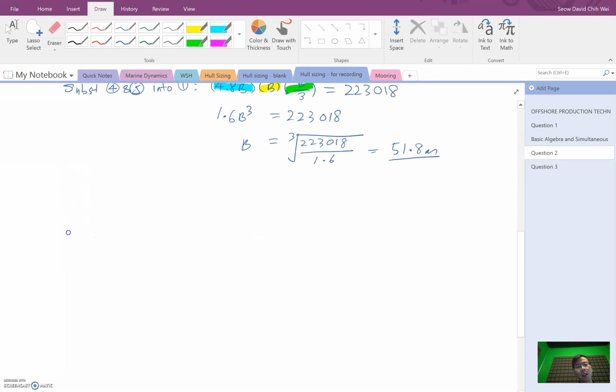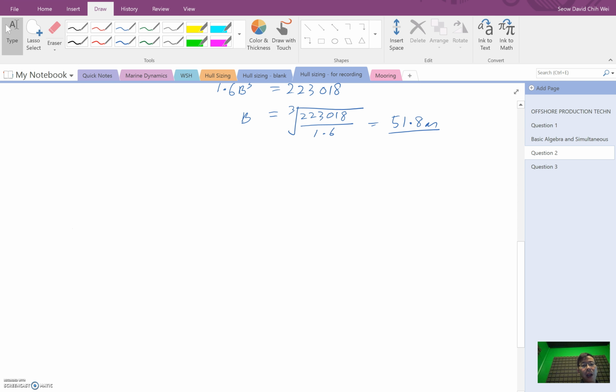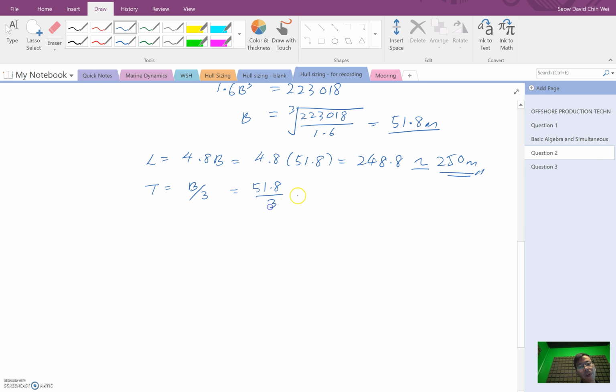So let me just do the needful. So L is then equal to 4.8 B, 4.8 times 51.8, which is 248.8, round up to 250 meters. My T is B over 3, which is 51.8 divided by 3.